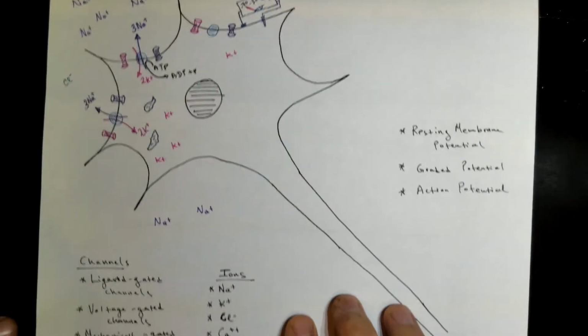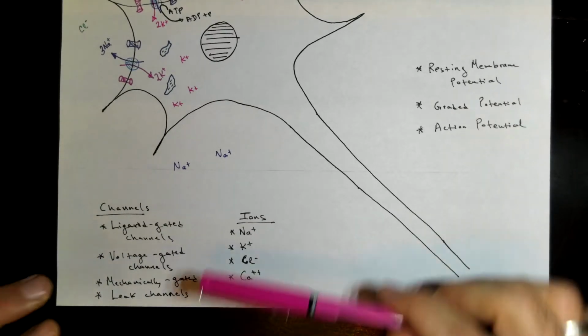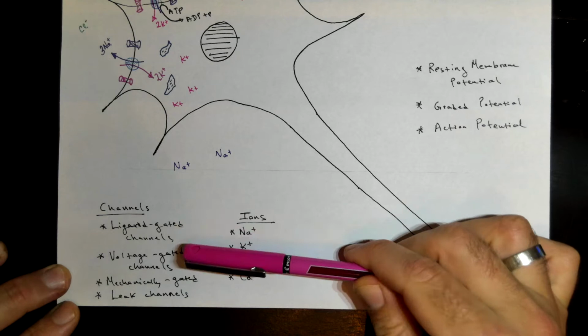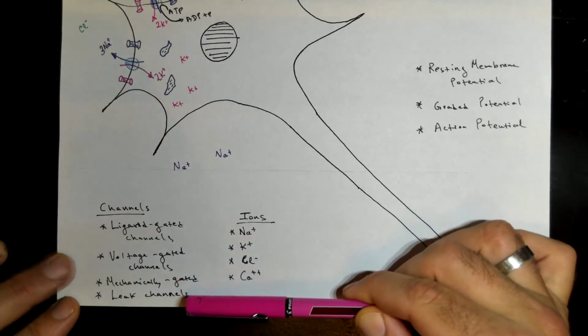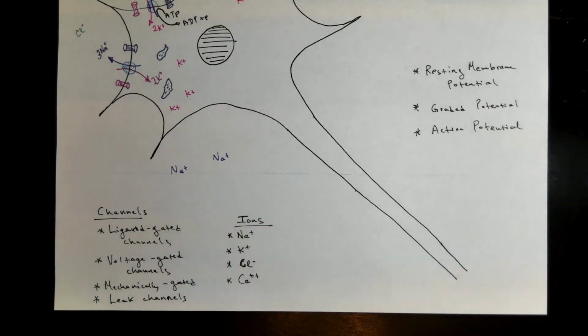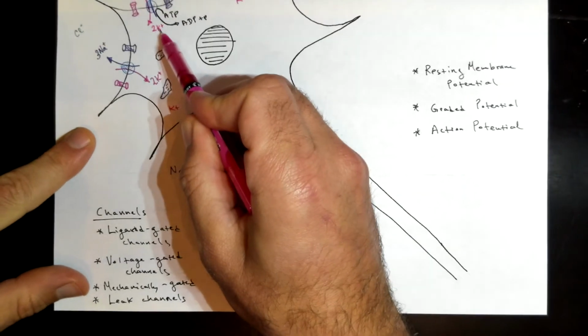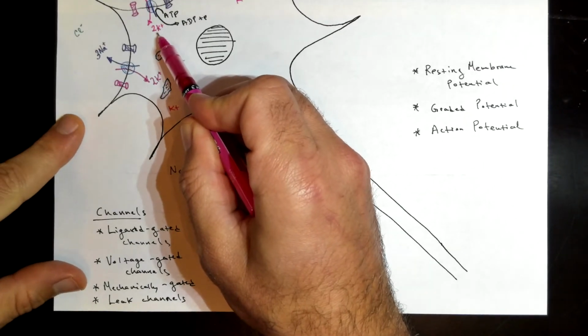And so here we have, for example, our channels. Let's recall we have ligand-gated channels, voltage-gated channels, mechanically gated channels, leak channels. So this will be the first one that we talk about at the bottom, this leak channel. And the difference between these two channels is that in general, the potassium channel is more leaky.